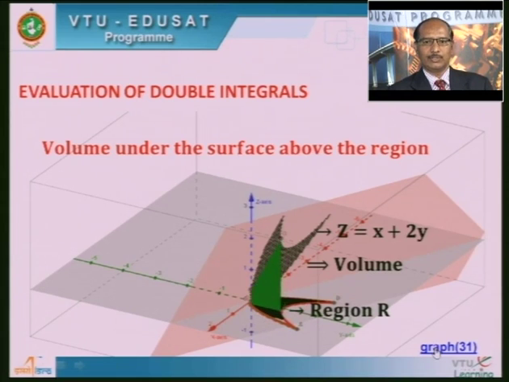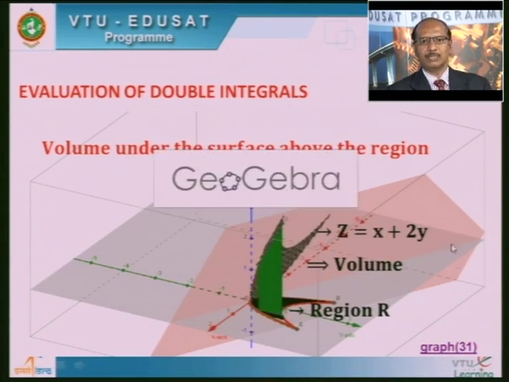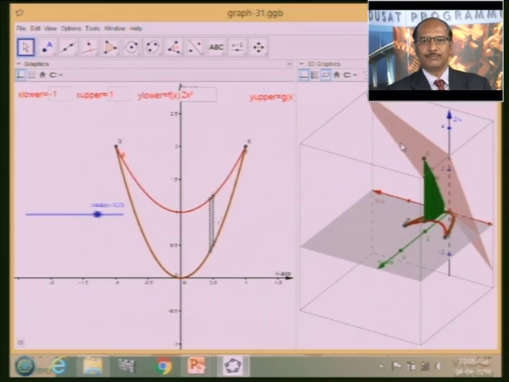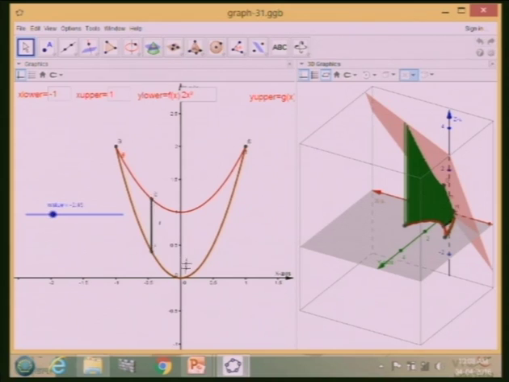If you want to see more clarity of that picture, we use the GeoGebra software to see the function z is equal to x plus 2y, how it looks. That is the plane in 3 dimensions. This colored graph is z is equal to x plus 2y, and below that is the region bounded by two parabolas, minus 1 to plus 1.